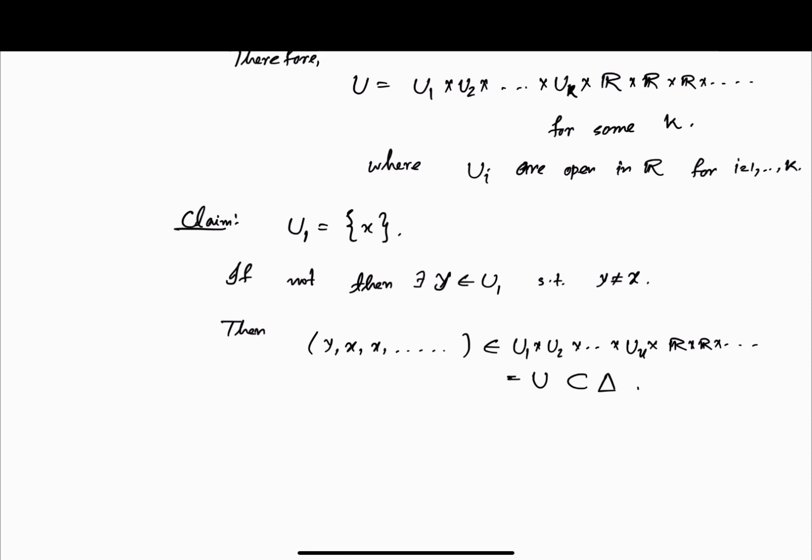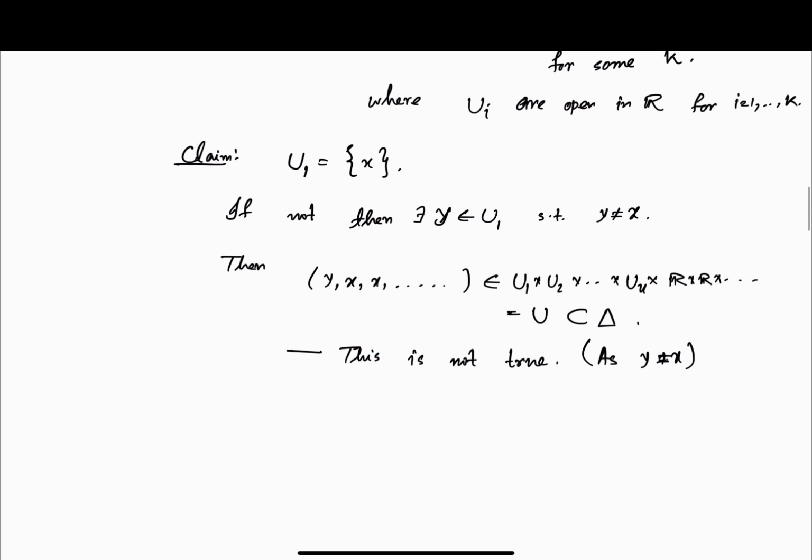This is a contradiction, as y is not equal to x, because the diagonal contains only points which have all the same coordinates. So this U1 does not contain any point other than x, therefore our claim is true. Therefore U1 is basically just the singleton {x}.